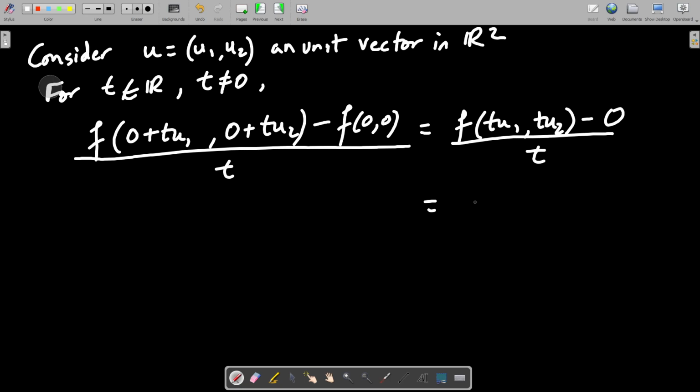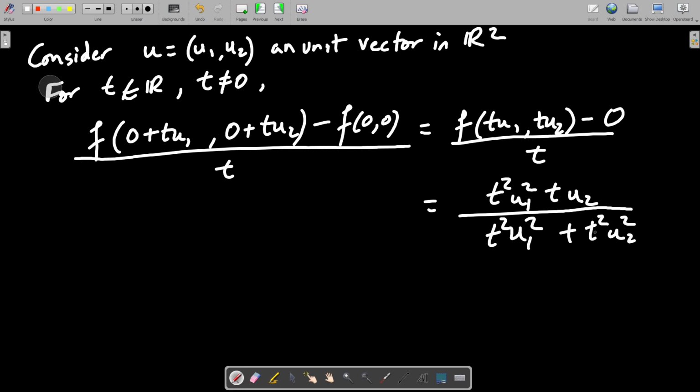So this is equal to t square u1 square into t u1 t u2, upon t square u1 square plus t square u2 square, and this whole expression divided by t.